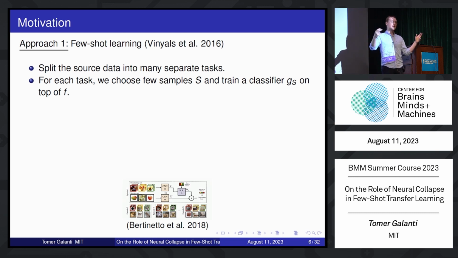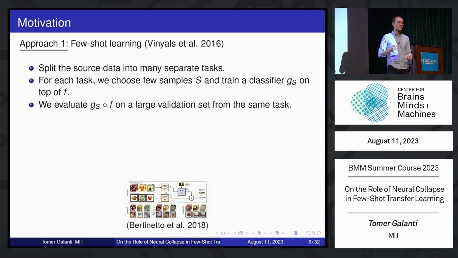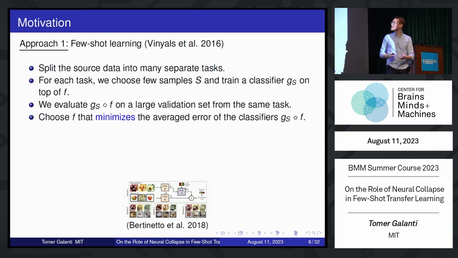So if we had, let's say, 1,000 classes, we generate many three-way classification problems. And for each task, we generate a data set with few samples. And we train the model such that if we adapt it to a given task with few samples, it would perform well on new samples. Okay, so we train the model such that given a small data set that is used to update the model, it will perform well on new samples.